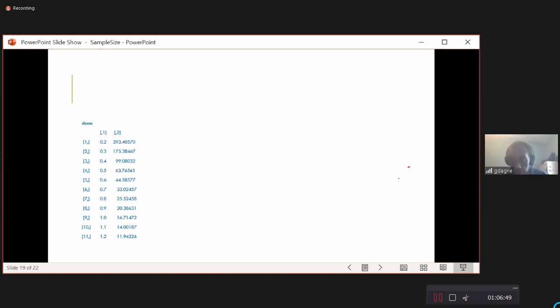This is small, a lot of variability here. But on the other hand, at the bottom, if the standard effect size is very large, you need only a few samples, like 12, to detect it. So it all depends on the effect size. Remember, the effect size we are talking about is how much the difference between the groups is, the signal divided by the variability. I hope that answers your question.